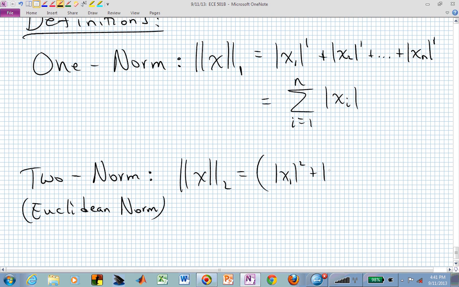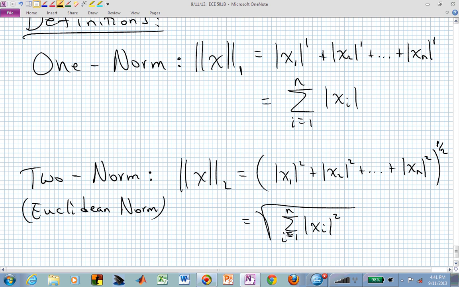We take the second coordinate's magnitude and square it, and we keep going. Then we raise that to the 1 over 2 power, or we take the square root of it. For a two-dimensional vector, this is x1 squared plus x2 squared, square rooted. That's our hypotenuse of a right triangle. Or we could say this is the square root of the sum of the magnitudes of the individual components squared.